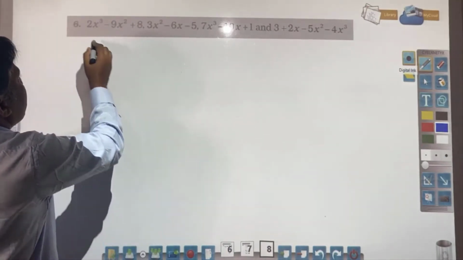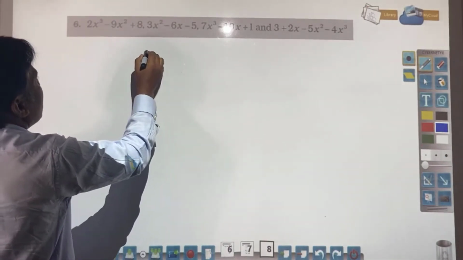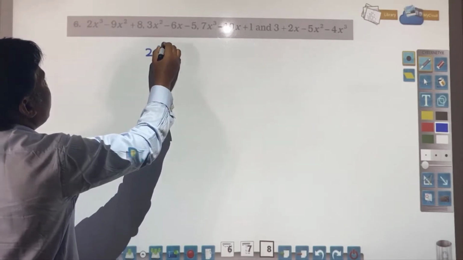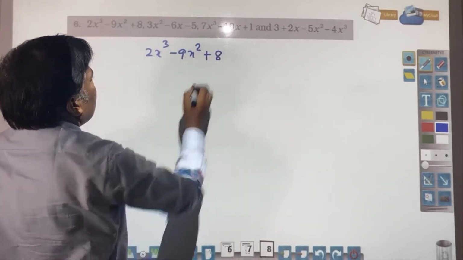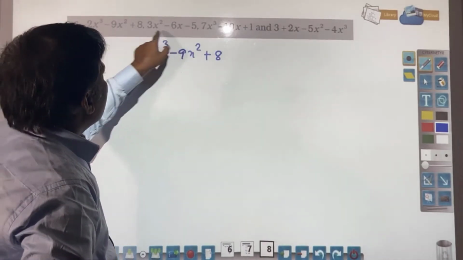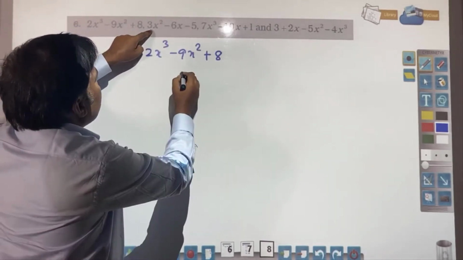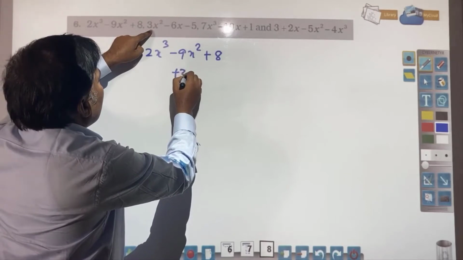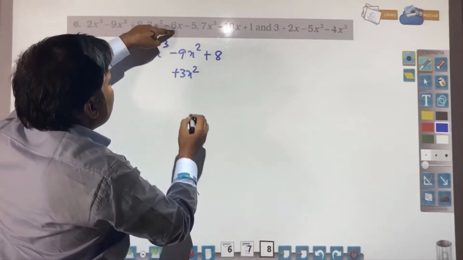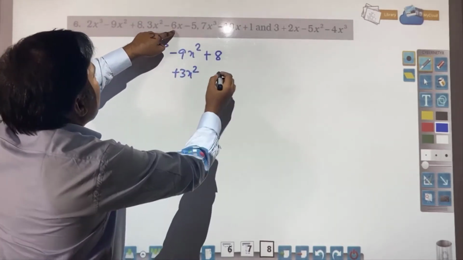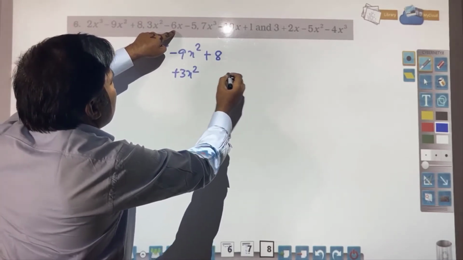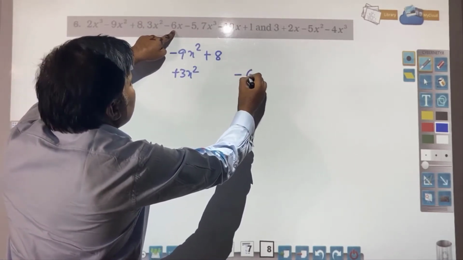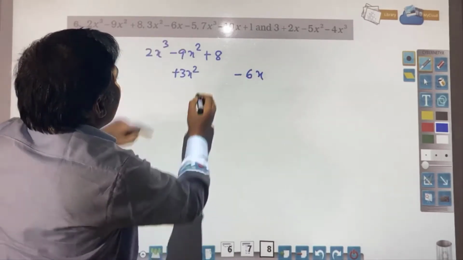Here you have the first expression: 2x cube minus 9x square plus 8. Second expression you see: 3x square minus 6x, and then minus 5.